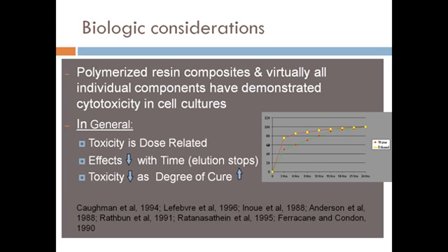The effects decrease over time, as you leach out everything that's not bound to the surface or to the network. Over time the cytotoxicity tends to decrease, and the toxicity decreases as the degree of cure increases. So this is very important: the more conversion you have, the less toxic effects you have.